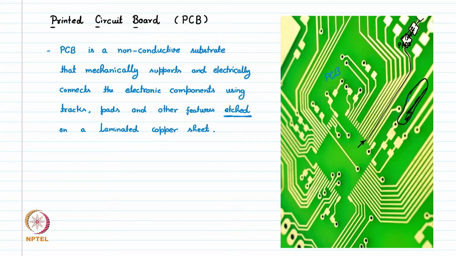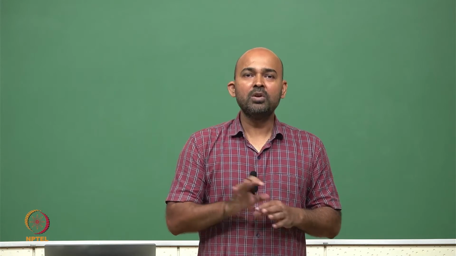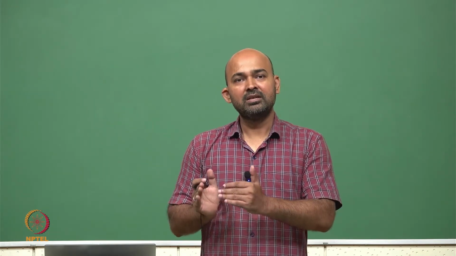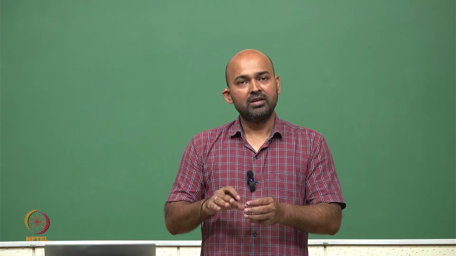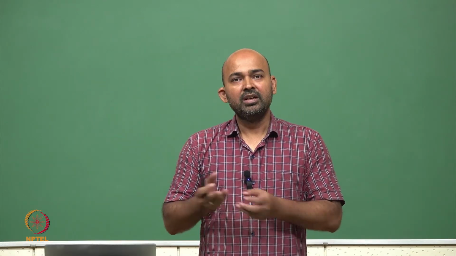So there is a difference between what is PCB and PCB assembly. PCB is the substrate without electronic components, and PCB assembly is the complete thing where we have the PCB and all electronic components in place, which is ready to use.